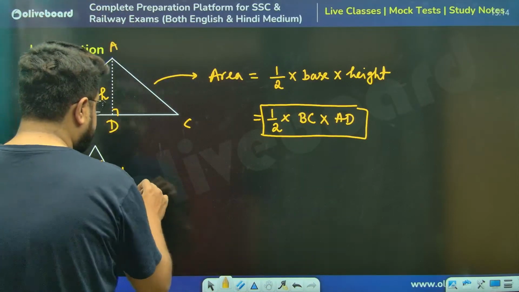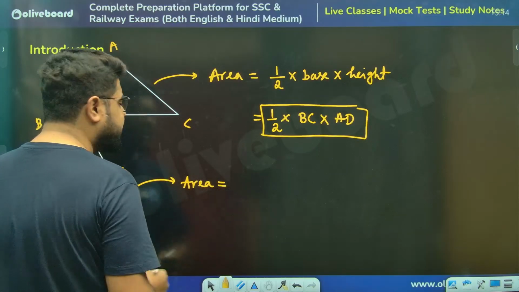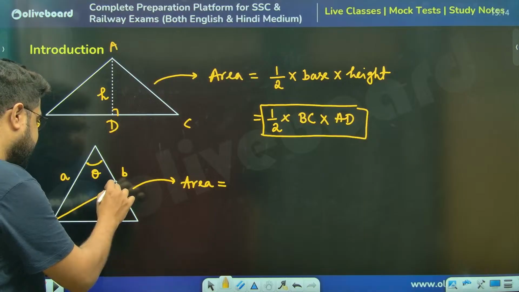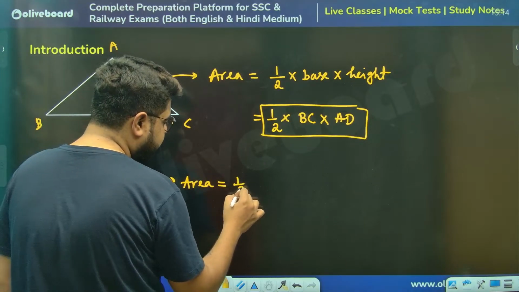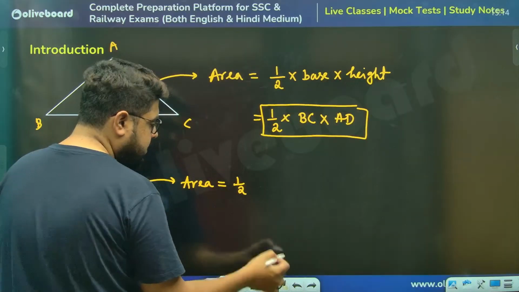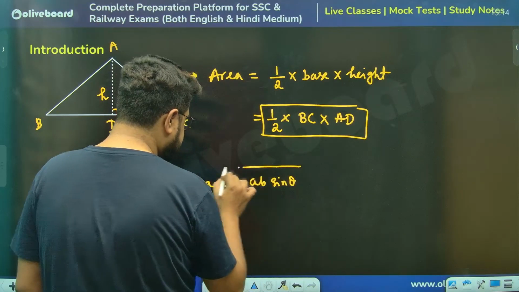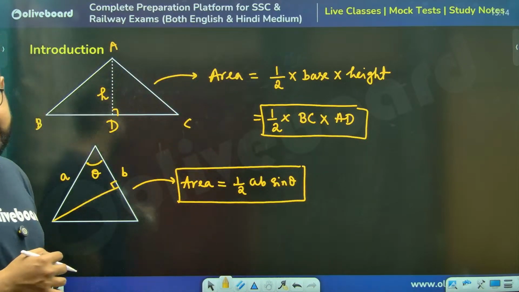So there is one formula to figure out this area. It actually comes from trigonometry. If you draw a perpendicular such as this one, you will see this comes out as half A into B into sine theta. This is a very useful formula for many instances.